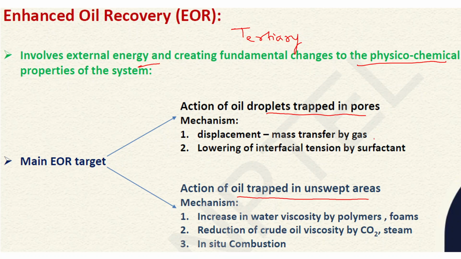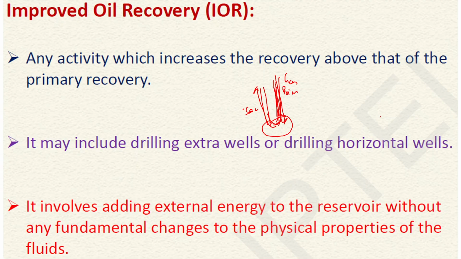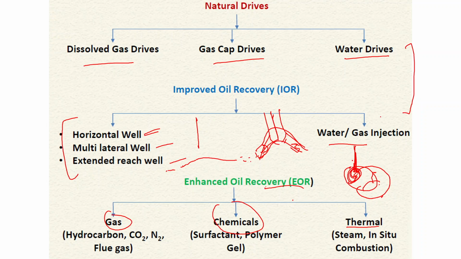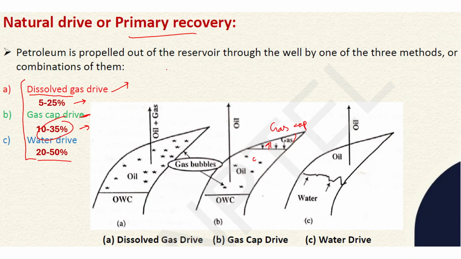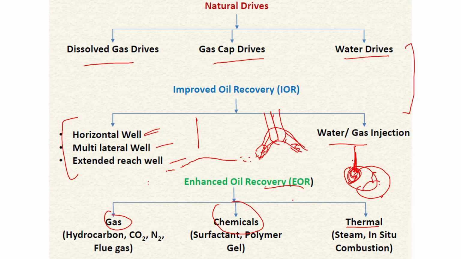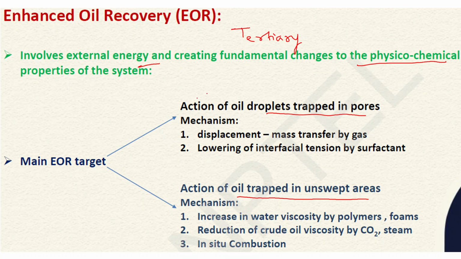So in the first one, what we do is use some kind of gas, as we can see here. We pass a gas by displacement and mass transfer.